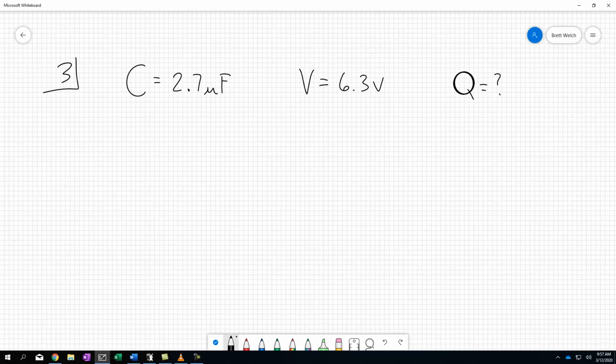There's a very simple formula for capacitance with charge and voltage, and it is that Q equals CV. Well, this is going to be just a straightforward plug in and be done. The charge built up on the capacitor will be 2.7 E negative 6 for our capacitor times our voltage of 6.3.